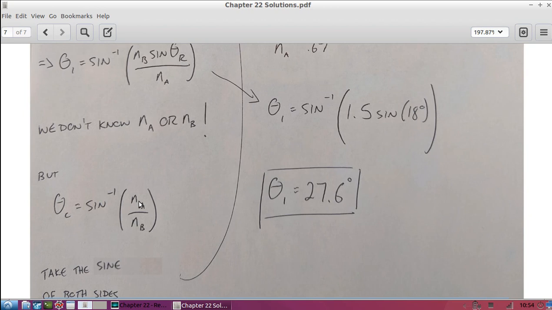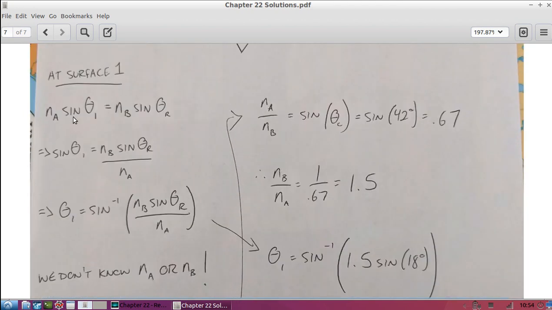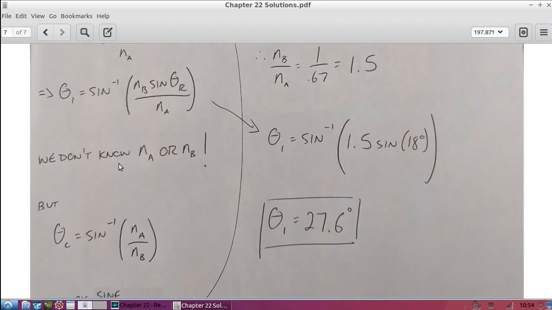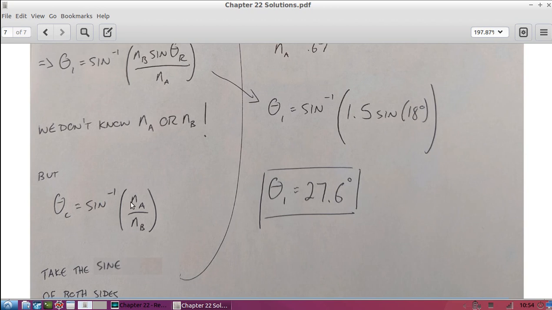Again, if you're a little hesitant to determine which index of refraction is the top or the bottom, go ahead and write out Snell's law like this and make your refracted angle 90 degrees, and then solve for that incident angle, and you'll get the appropriate expression for the critical angle, and you'll have your indices of refraction correct. Okay, so the critical angle is the inverse sine of n sub a over n sub b.